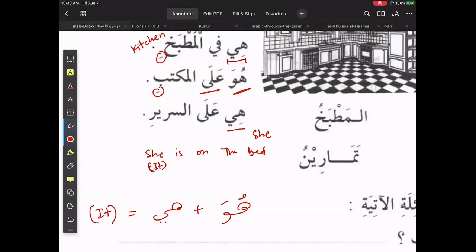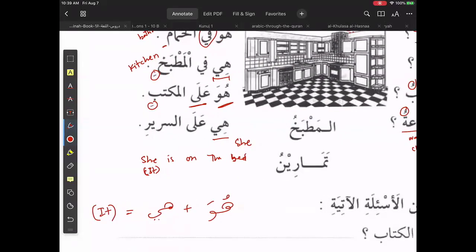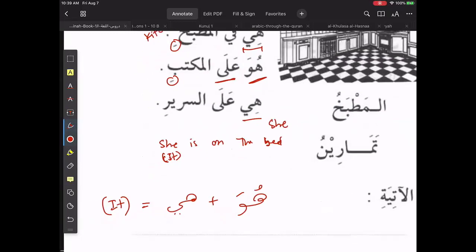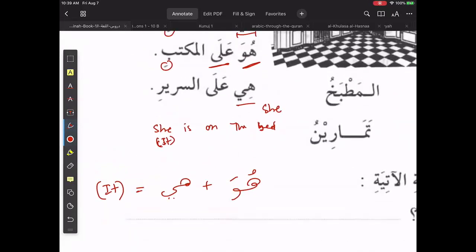We're going to be talking about masculine and feminine a lot when we go to chapter 7, I believe, or chapter 6. I'm going to leave the whole topic of gender for that chapter. Right now, just think from our translation perspective. If I say the book, he is on the desk, people will think we're crazy.